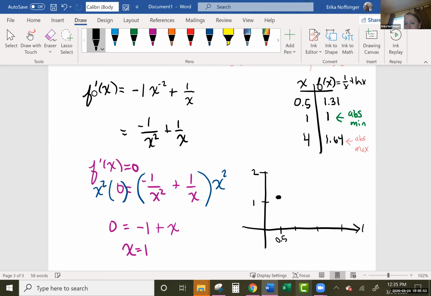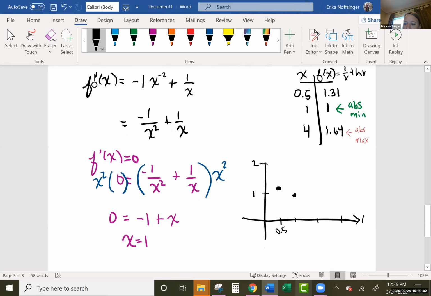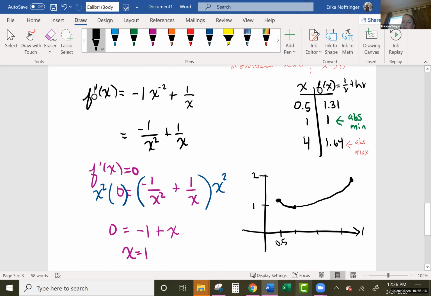I'm just estimating. At 1, we had 1. And then at 4, we had 1.64. It's going to come down, change direction, and go up. This is what our graph of f of x would look like within the bounds that we were given.